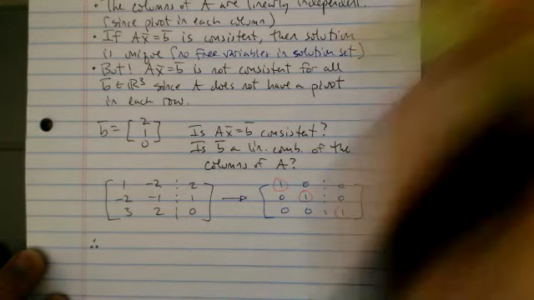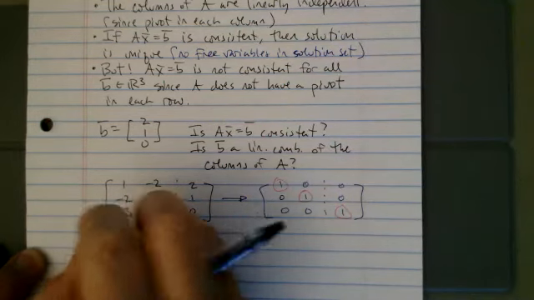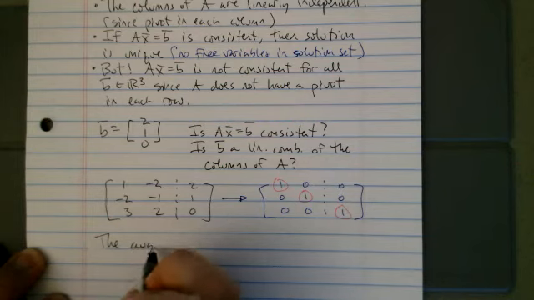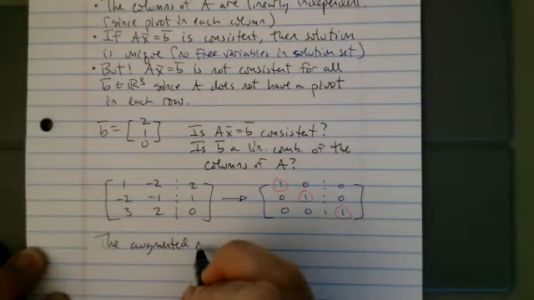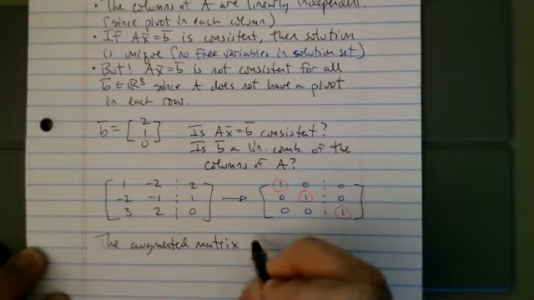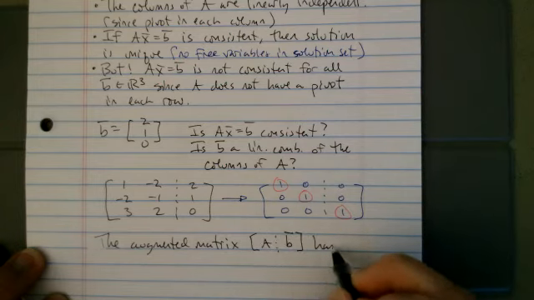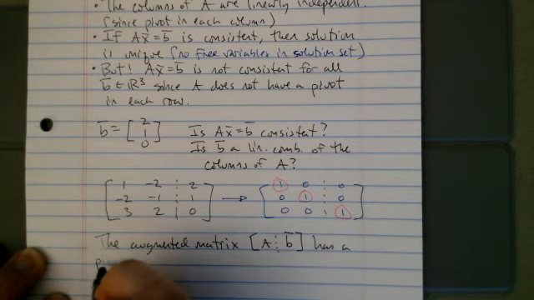Oh, I'm saying therefore too early. The augmented matrix A, B has a pivot in the rightmost column.